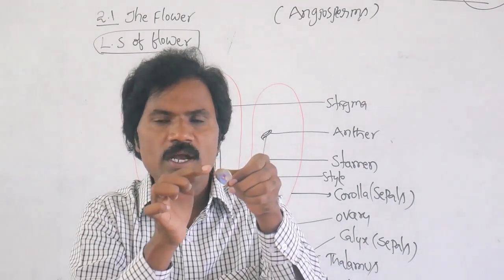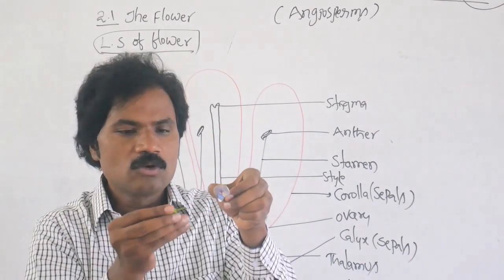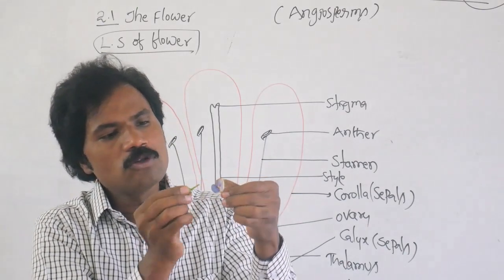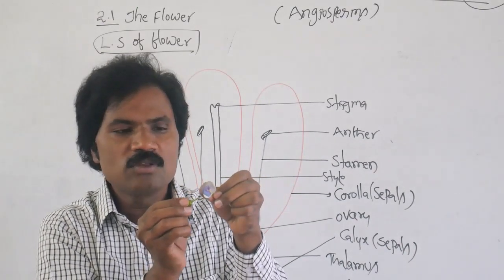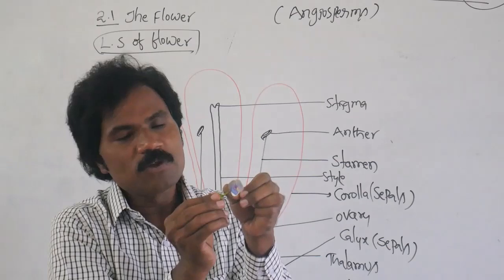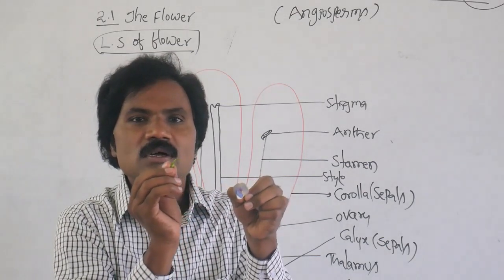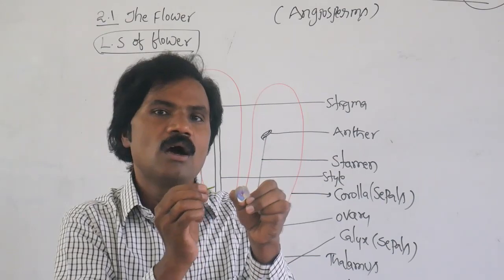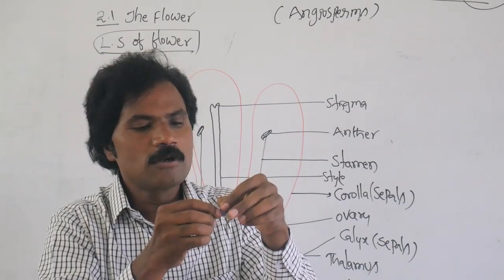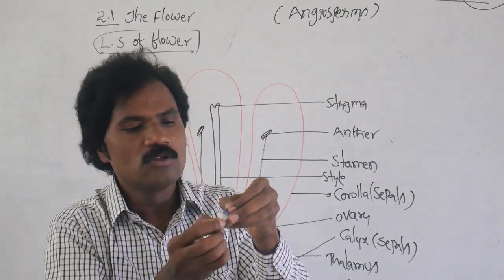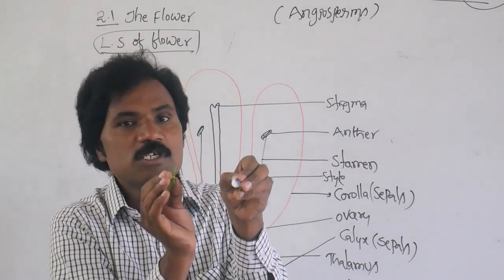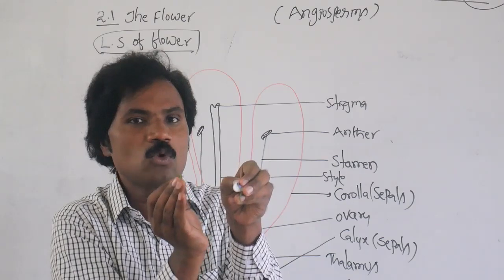This part is the vexillum. Then on both sides, slightly pink, the darker color, are the free wings, or alae, A-L-A-E. The innermost one, the white part, is fused. Two petals are present.